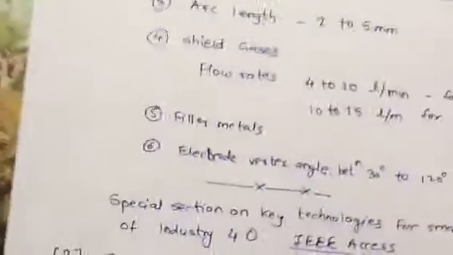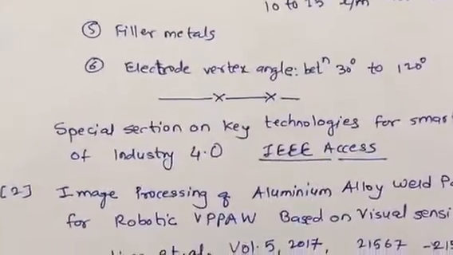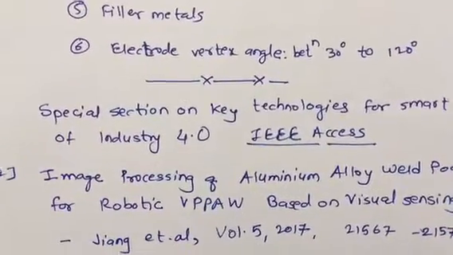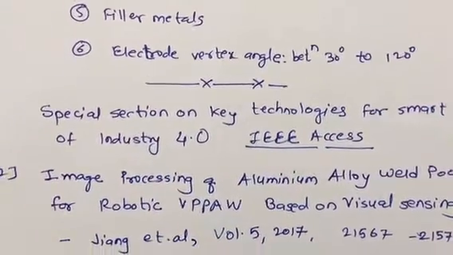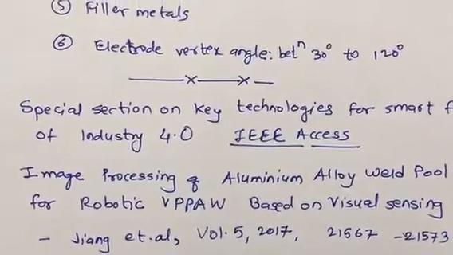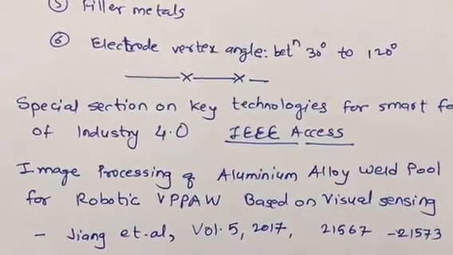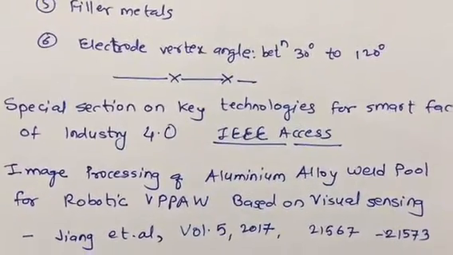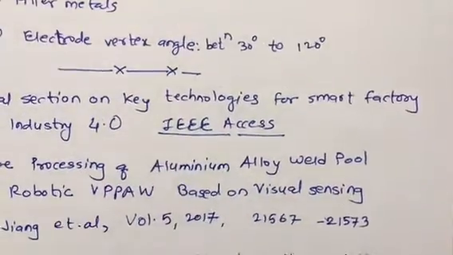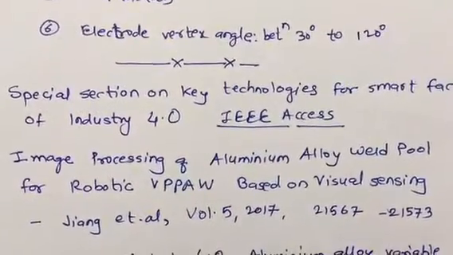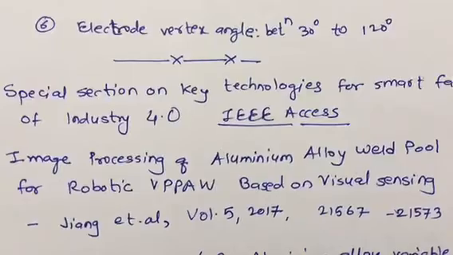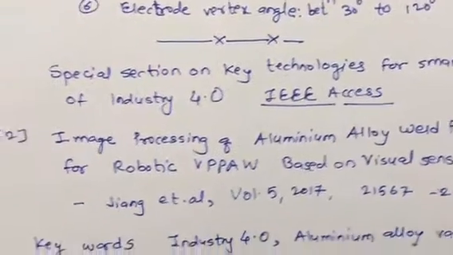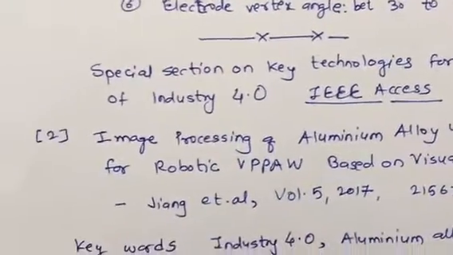Now we are going to look at a part of a research paper which is published in the year 2017. Actually this is a special section on key technologies for smart factory of Industry 4.0. It is from IEEE Access, and this is the second reference.